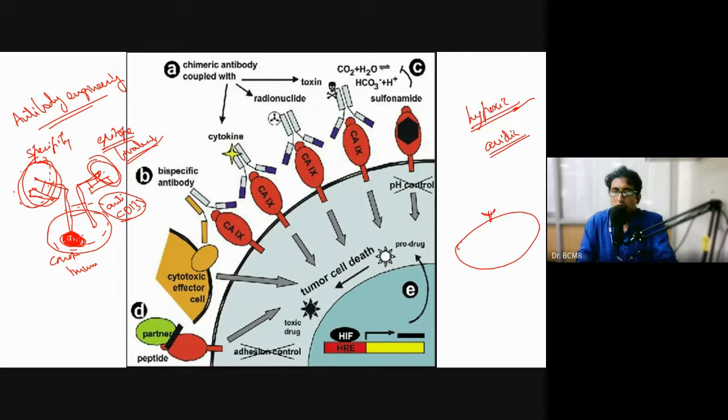CD133 is here, say, and the antibody would be bound here along with the toxin protein, and then it could be taken up, internalized like an endosome, and the toxin protein would be released, killing the cell, right? That is antibody engineering. We have attached this toxic protein to the constant regions of the antibody. So that is one strategy.